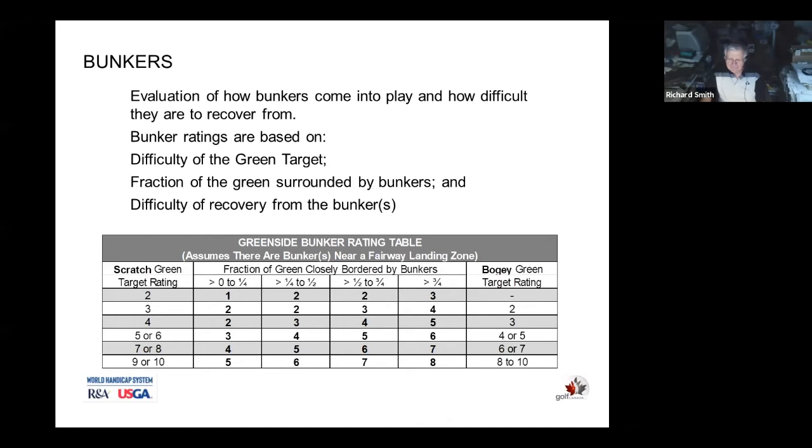So again, for the scratch, we come in from this column, find the green target rating that we got a couple of steps ago, and then consider the fraction of the green which is closely bordered by bunkers: up to a quarter, greater than a quarter but up to a half, greater than a half up to 3/4, and greater than 3/4. We'll see in a moment how we evaluate those fractions.